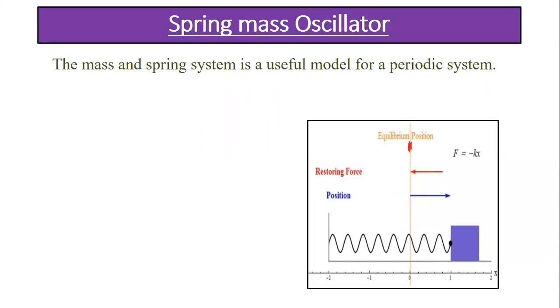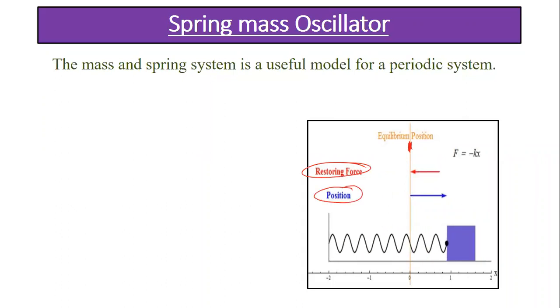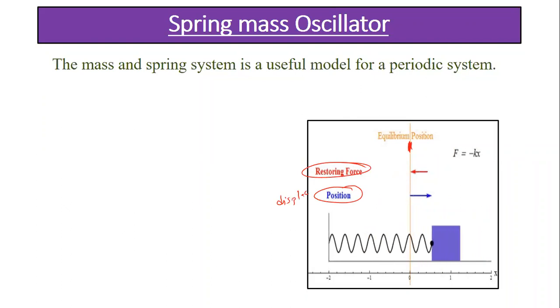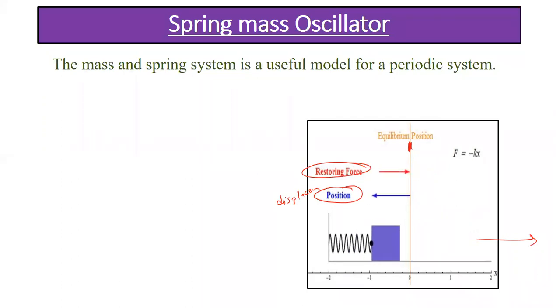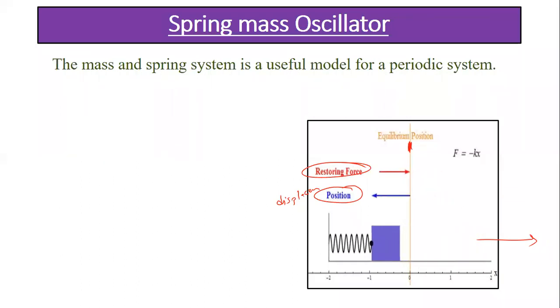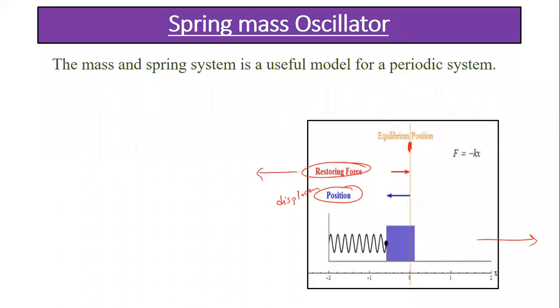Now if you see here the two things, restoring force and the position or displacement basically. Their direction you can see here. When this block is moving towards the right, the displacement is in this direction. But at that time the spring develops some restoring force, which is in the opposite direction, towards the left side.